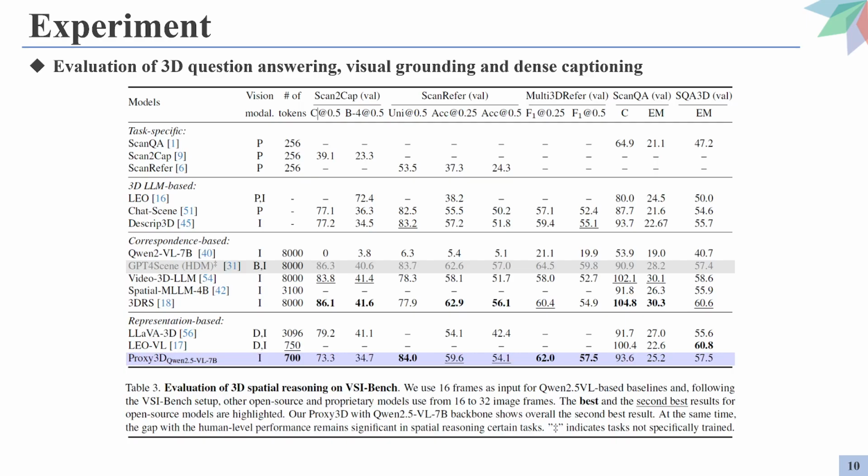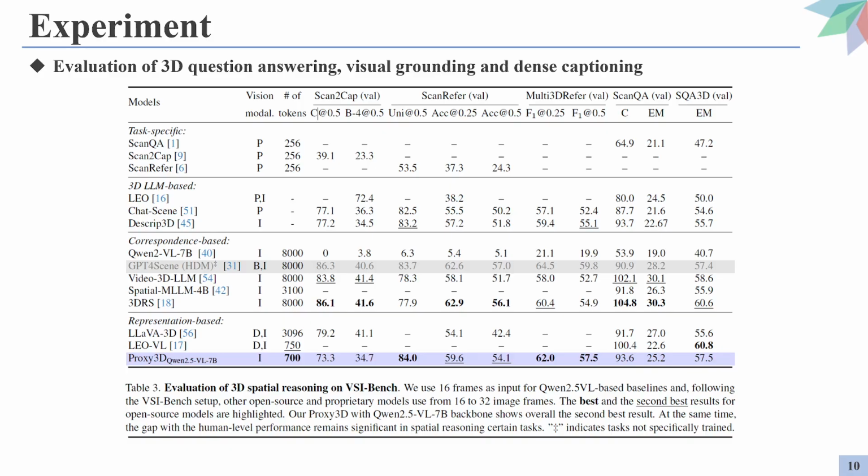This slide presents the results for the overall 3D scene understanding experiments conducted on ScanQA and SQA3D benchmarks, for tasks including question answering, visual grounding, and dense captioning. The key point is that Proxy 3D achieves competitive performance while using a much shorter visual sequence. Many correspondence-based methods use around 8,000 visual tokens.